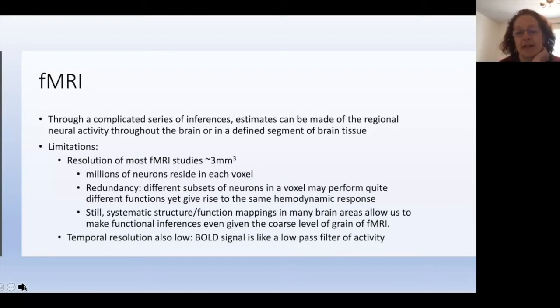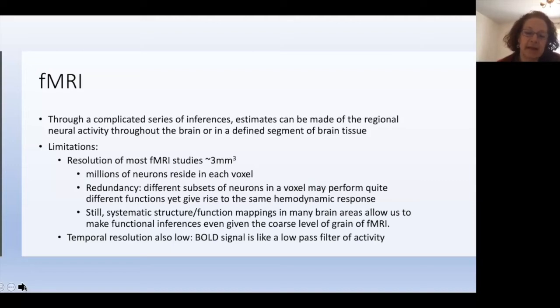You can get better resolution than 3 millimeter cubic voxels, but at a cost and by also using much stronger magnets than most people have accessible. And there are also some concerns about the safety of the very strong magnets. So most fMRI studies are at more or less a resolution of 3 cubic millimeters.